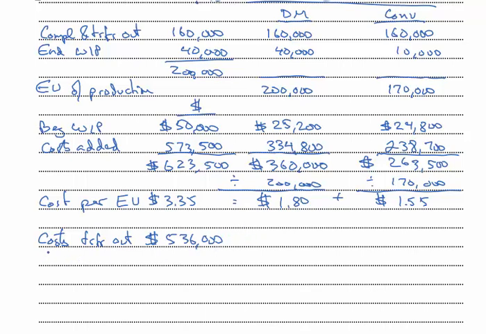And then we've got ending work in process. Direct materials at $1.80, and conversion at 1.55.